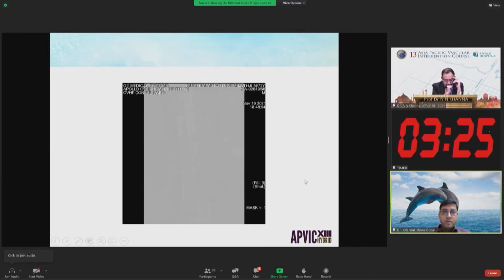And then finally, this was a CO2 angiography image. This is the final image of the posterior tibial. And in proximal also we checked it again in the popliteal.